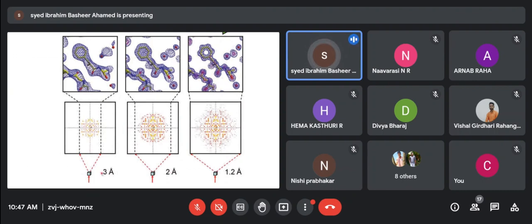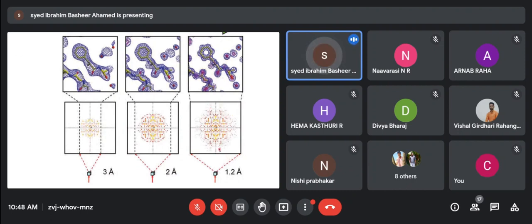Even 3 angstrom is called normal data. 2 to 1.5 angstrom is high resolution. Less than 1.5, around 1 angstrom, is atomic level data, very high resolution.